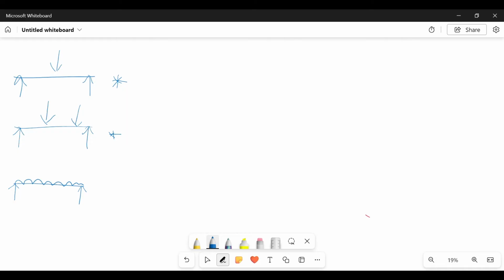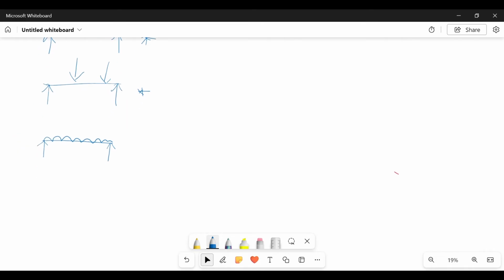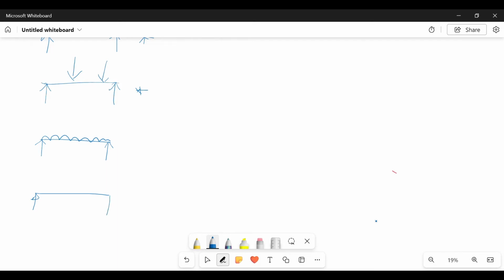Today I want us to go into an example where I'm not trying to complicate anyone's life. First, a simply supported beam with a UDL and then 2 point loads. The UDL we could say is 10 kilonewtons per meter.